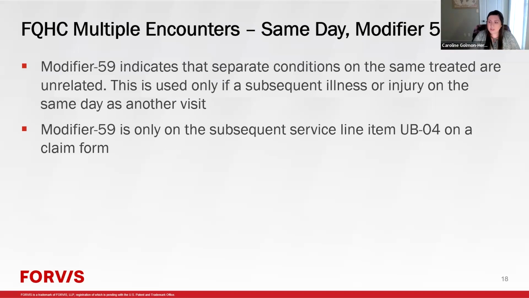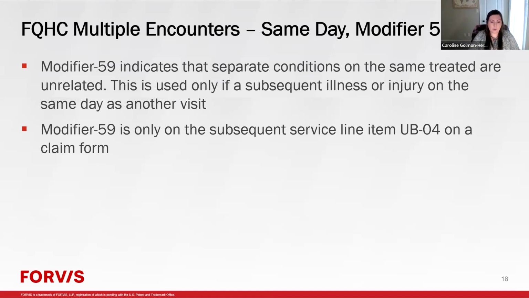So a lot of words there, but it's really just saying if that patient came in for their AWV that morning, they left, got into a car accident, and said they were fine, and later on in the afternoon maybe they have nausea and vomiting and want to go back in to the FQHC and get some treatment, that would be an instance where modifier 59 would be appropriate to assign, because they're going back to the FQHC for a completely unrelated reason.